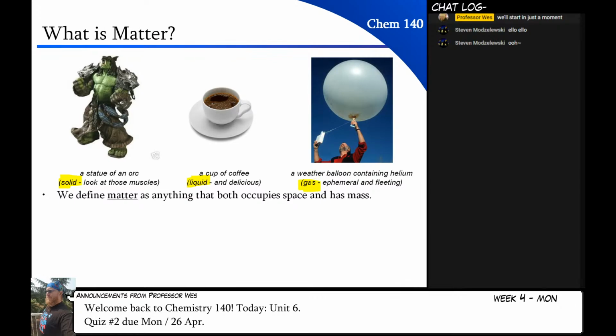But all of them have something in common. And that something in common is that they occupy space. I cannot put something else in the same space as occupied by the coffee cup, nor the coffee. If I drop a block of copper into the coffee, not only will it taste terrible, but the coffee will get displaced.